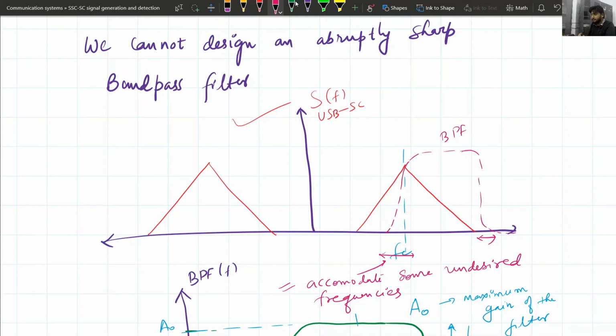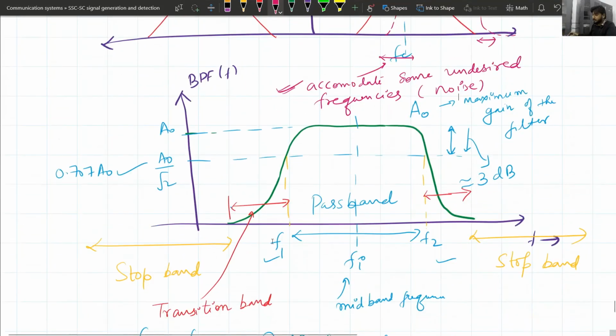That is the limitation of the frequency discrimination method: we cannot design an abruptly sharp band pass filter. Because if we go with this method, it will accommodate some undesired frequencies, which are called noise. Then the signal will suffer noise distortion or signal distortion.